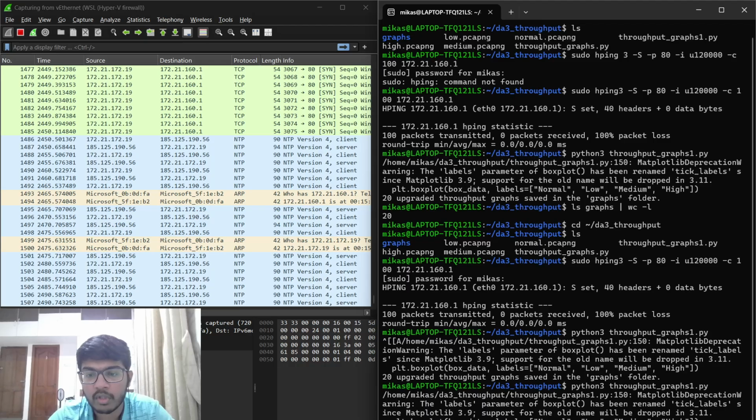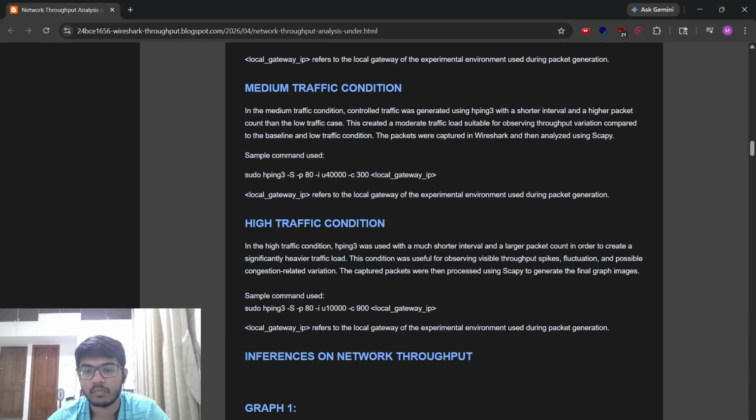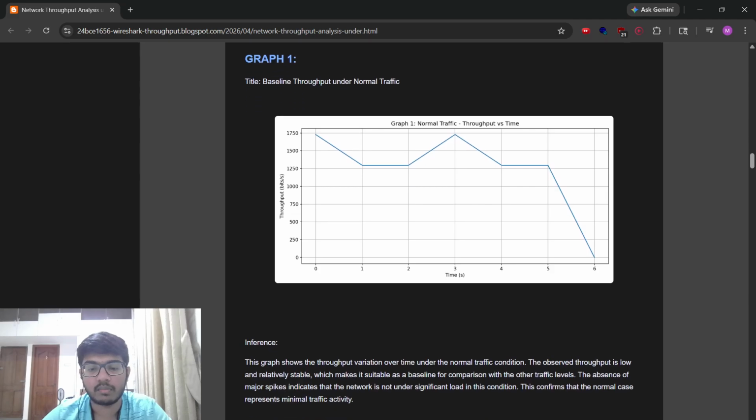This script processes the saved capture files using Scapy and generates the final throughput graphs. This confirms that the 20 graph files were produced for the analysis. I will now show the 20 graphs included in the blog. I will explain the main groups of graphs and highlight the most important observations.